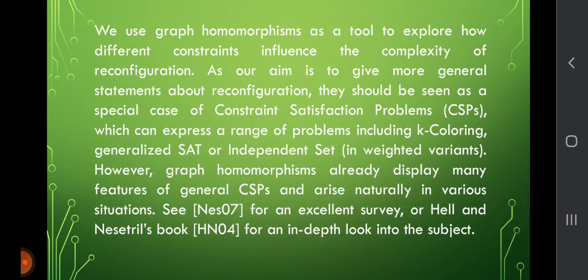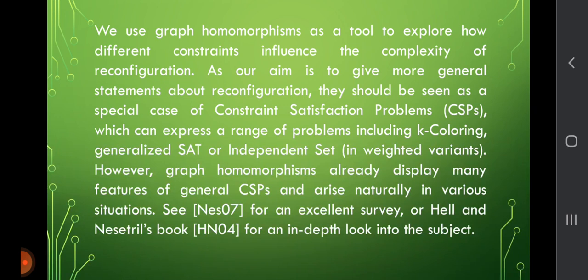As our aim is to give more general statements about reconfiguration, they should be seen as a special case of constraint satisfaction problems, which can express a range of problems including k-coloring, generalized SAT, or independent set in weighted variants.